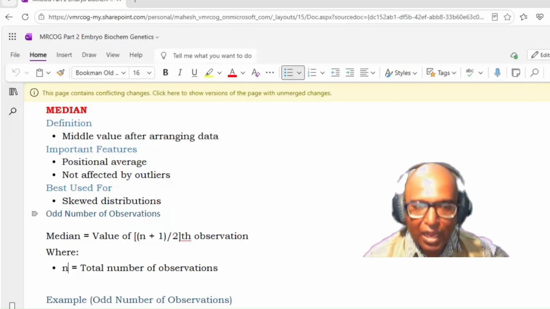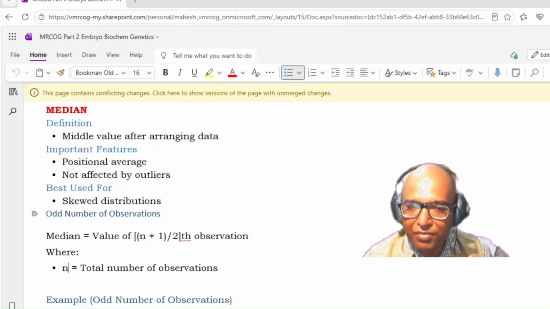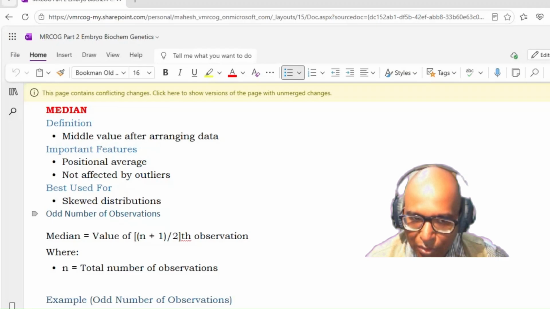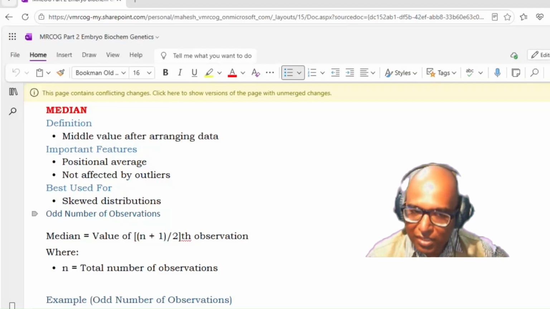And it is best used when the observations have a skewed distribution. If you have a skewed distribution and calculate the arithmetic mean, the mean will get affected because of the skewness of the data, but here we are taking the positional average, so it will not get affected.